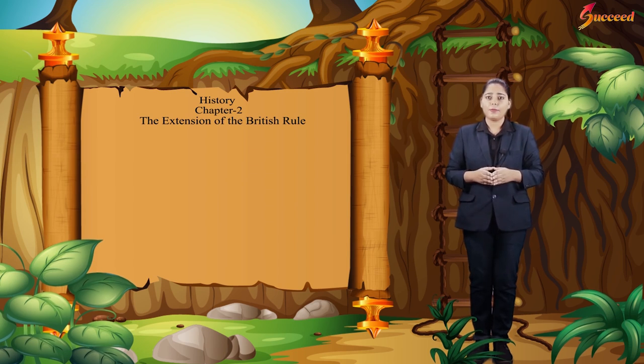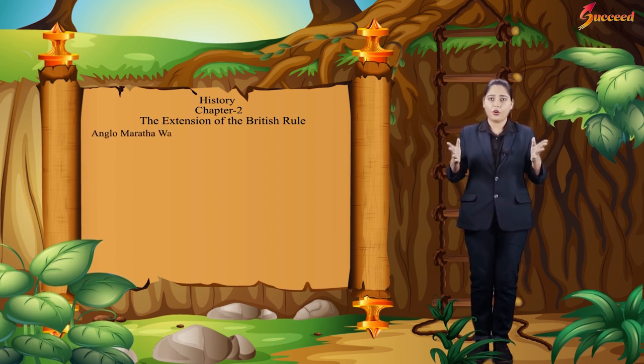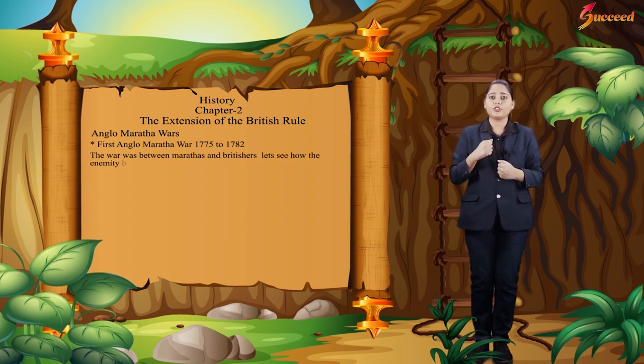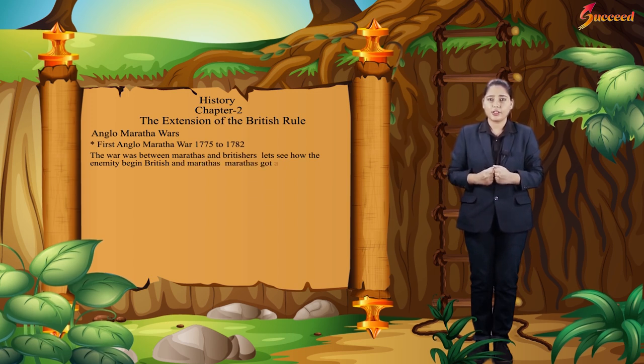Now let us talk about the Anglo-Maratha Wars. The First Anglo-Maratha War was fought from 1775 to 1782, between the Marathas and the British. Let us see how the enmity began. The Marathas got a major setback when the strong Madhav Rao died.